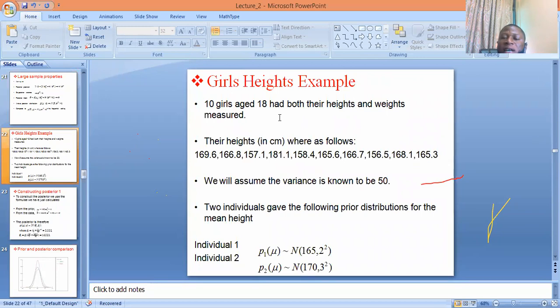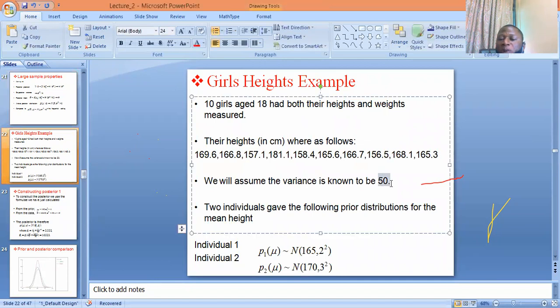Their height values are as follows. You have them here. Now, we will assume that the variance of the data, the population, is known to be 50.